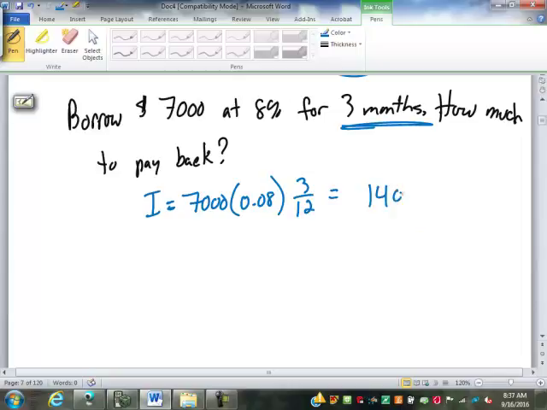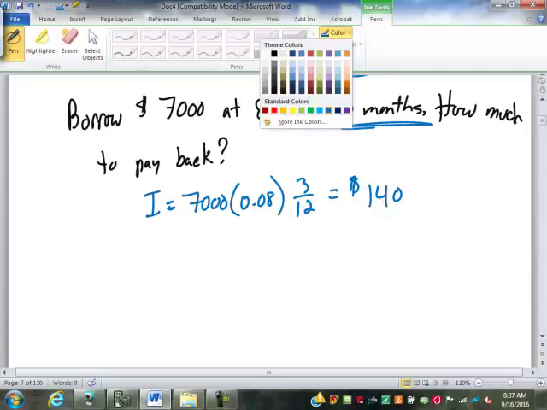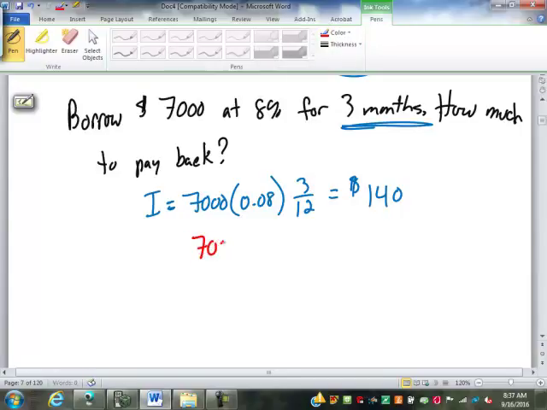So $140, right? Does that look right? You look confused. Gotcha. So $140 interest. So 7,000 plus 140, you pay back $7,140.